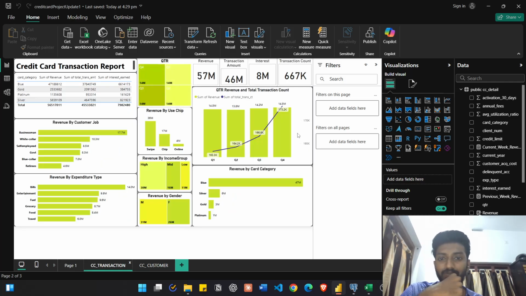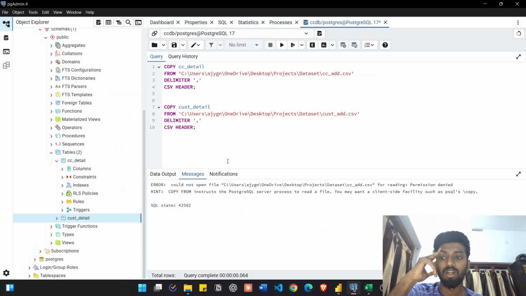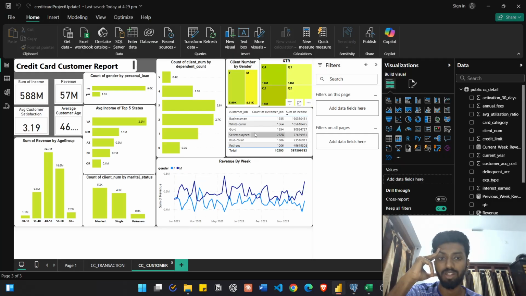So 57, things started to change. Details have been added, and this is how you could add data. There won't be much of an issue. Just make sure the connection is valid, and once that is done, you can import the data and things will start to reflect on the Power BI dashboard.